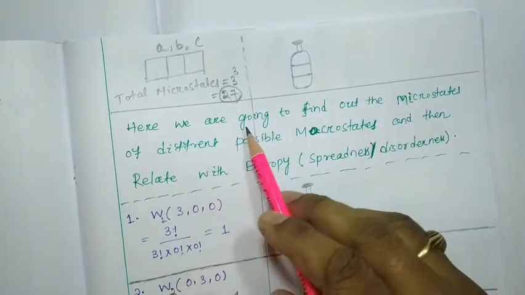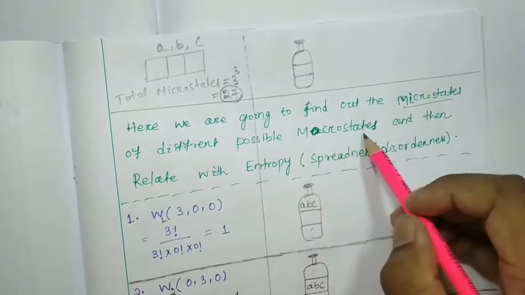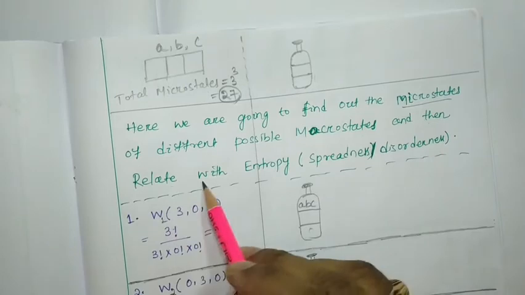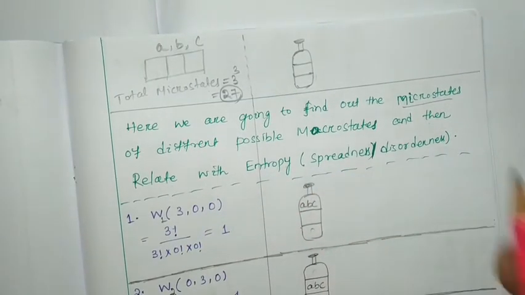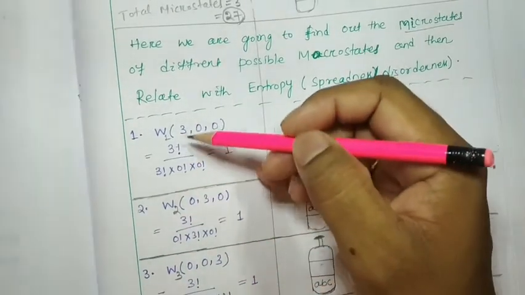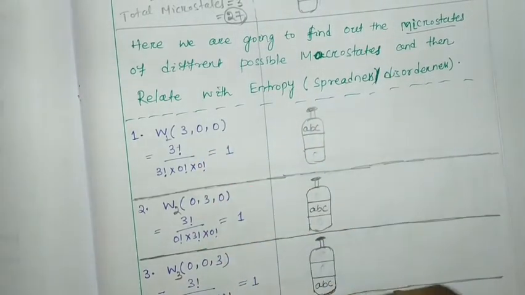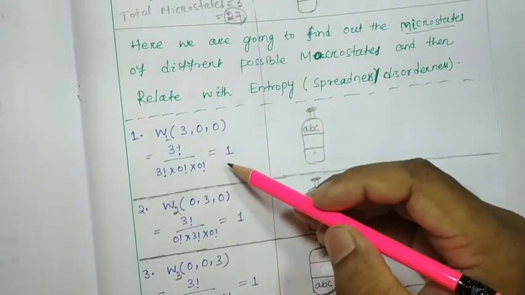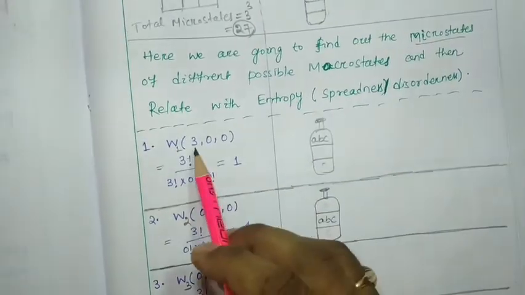Here we find the microstates of the different possible macrostates and then relate them with entropy, which is your spreadness or disorderness. Carefully you have to observe. First, I have evaluated all the microstates of the corresponding macrostates. Suppose first we consider 300.